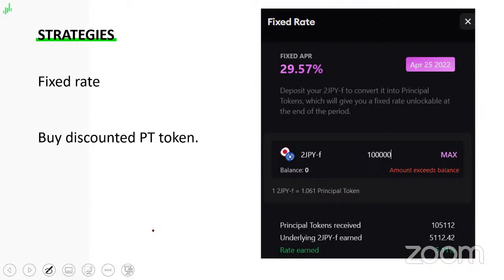And if you remember, the PT token has locked your Japanese yen for 3 months. So it's a bit annoying, especially in DeFi, when your capital is locked. But the cool thing with APWine is that they make your PT token liquid. So they are paying liquidity providers to provide liquidity for the PT token.